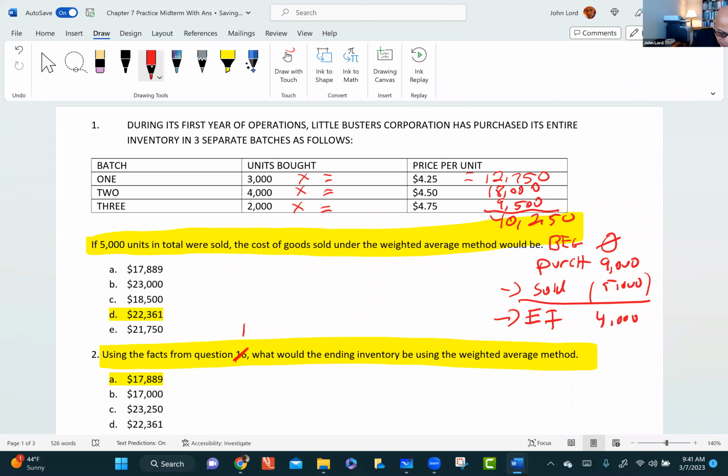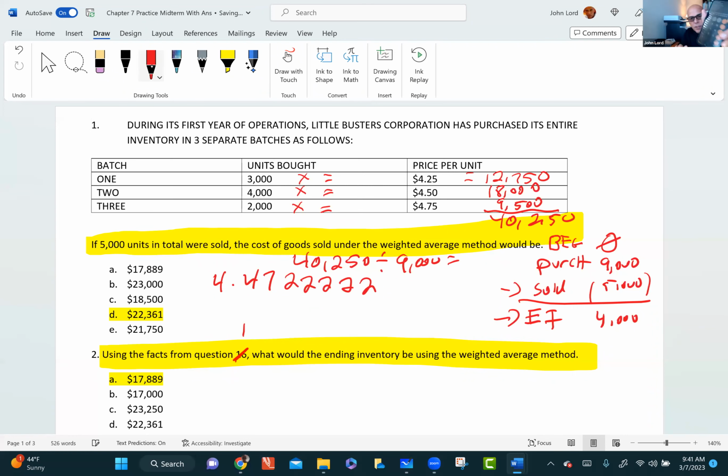Then I take that 40,250 and I divide it by the 9,000 units that they have purchased. And when I divide that by 9,000, I get a pretty funky little number there. They call that an irrational number. I get 4.47, and a string of twos that come after that.